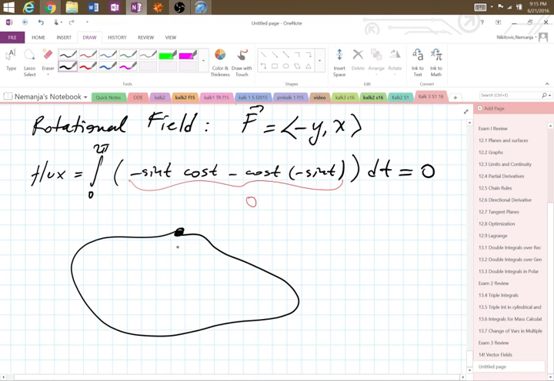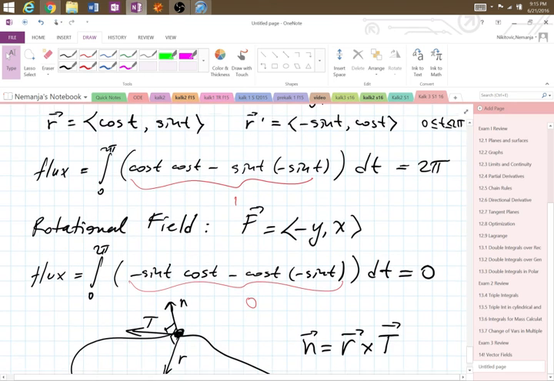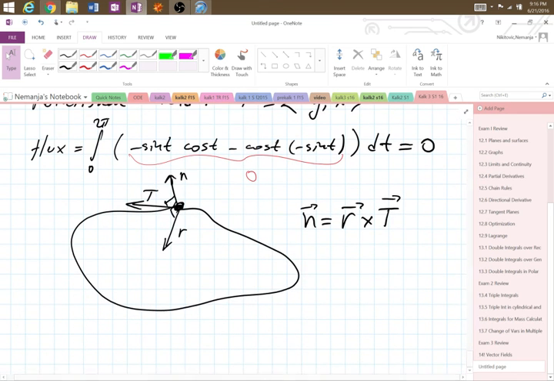This is your vector r. This is your vector t, and then perpendicular to those is the vector n. So you get n is r cross t. That's where you get your vector n. And then you dot vector n with the function to get the flux. And that's it for this.